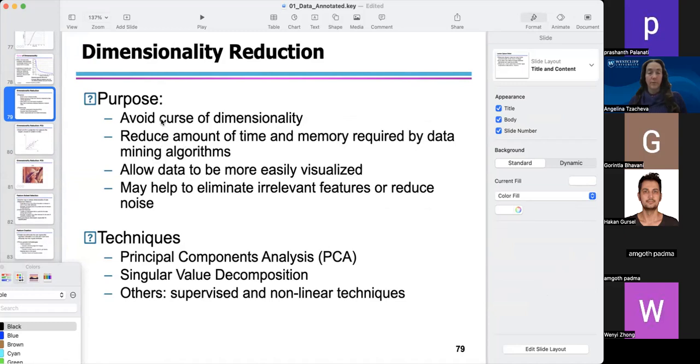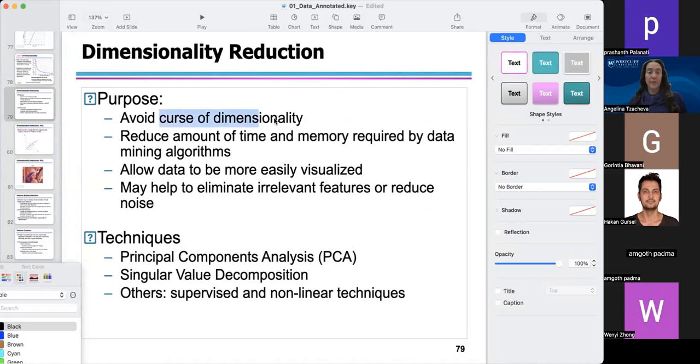So if we remove some of the attributes, we would avoid the curse of dimensionality. We would reduce the amount of time and memory required to do the analysis. And it will be easier for us to do the visualization.